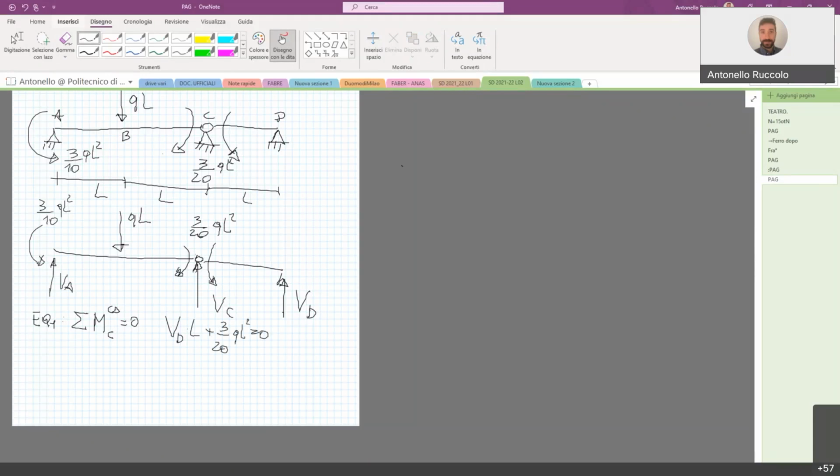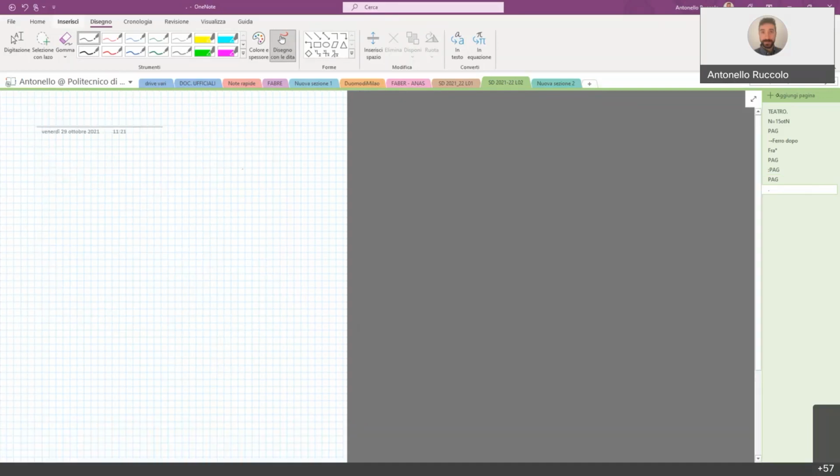This is equal to 0, so we can simply find that VD is equal to minus 3/20 QL. So actually it is directed downwards. Then equation 2.